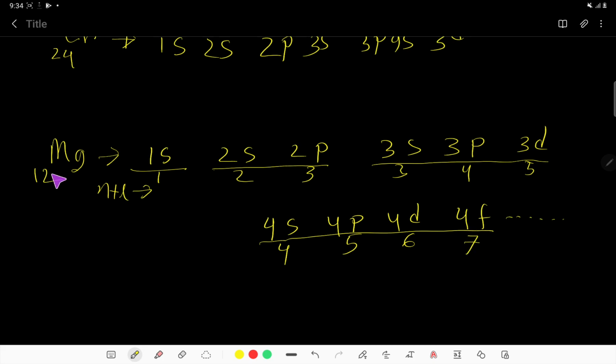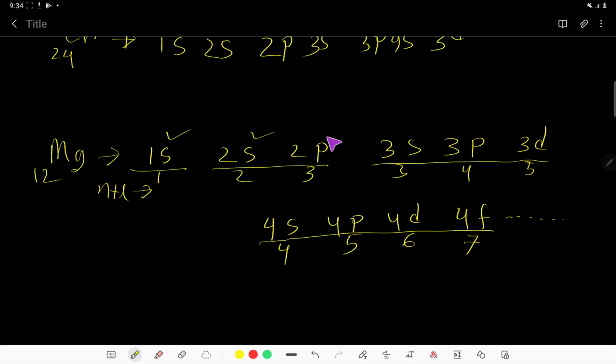So magnesium has 12 electrons. Looking at the energy, we will first place electrons in the lower energy, then the higher energy subshell. 1s2, then the next 2 electrons will go to 2s because there is no energy lower than 2. Then we have energy 3 in two places. In this case, we will place electrons in the lower value of n first.